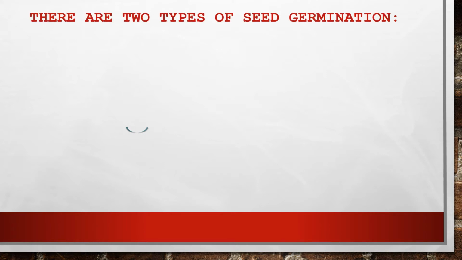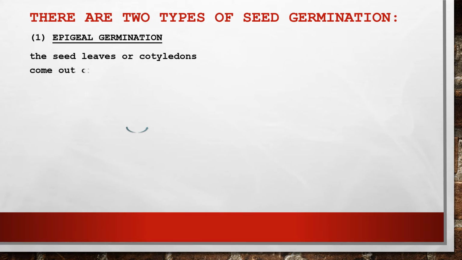Let's look at the types of seed germination. There are two types. The first one is epigeal germination. In epigeal germination, the seed leaves or cotyledons come out of the soil.